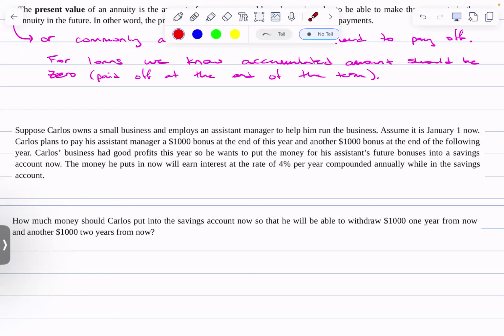Carlos's business had good profits this year, so he wants to put the money for his assistant's future bonuses into a savings account now. He's flush. So he's going to put it into an account and be prepared to pay those amounts. Then the money he puts in now will earn interest at a rate of 4% per year, compounded annually, while in the savings account.